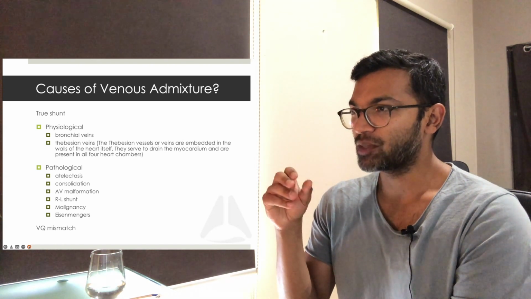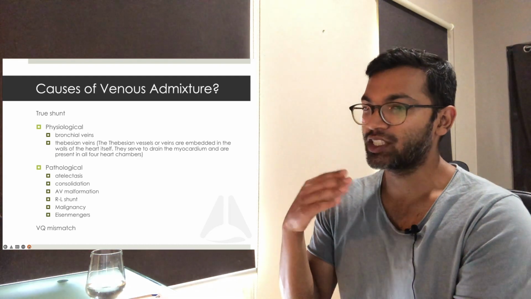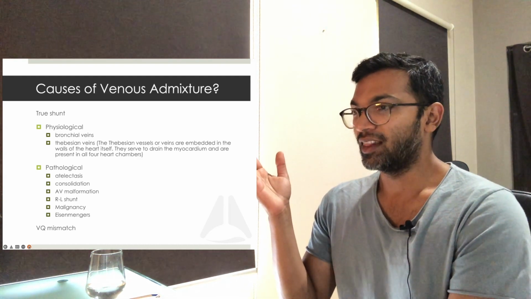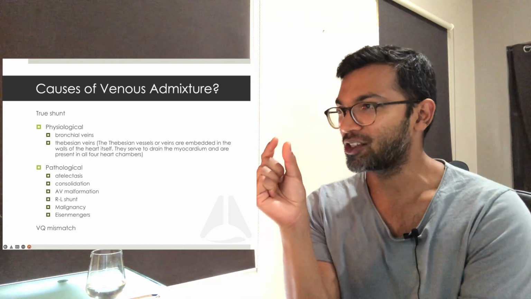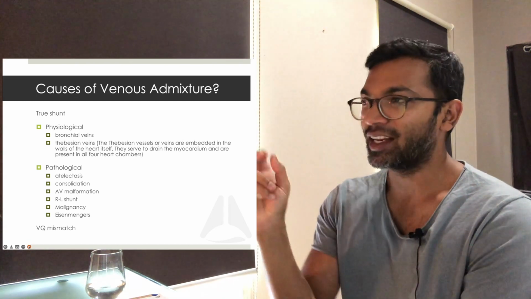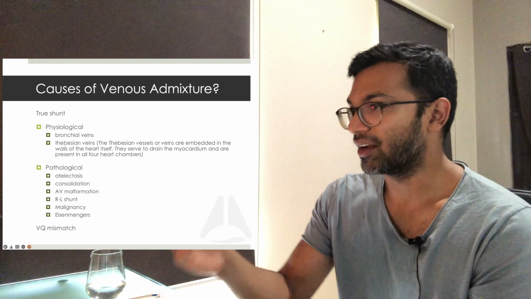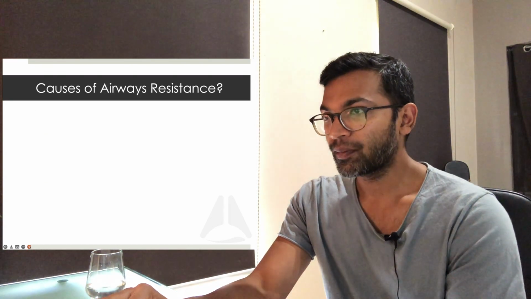And VQ mismatch seemed to be this really odd thing where you just have these imperfect lung units that aren't oxygenating as best as they possibly could. And that accounts for these little bits of theoretical shunt blood, which you add in to the pulmonary capillary. So I thought that was a really interesting concept for VQ mismatch.